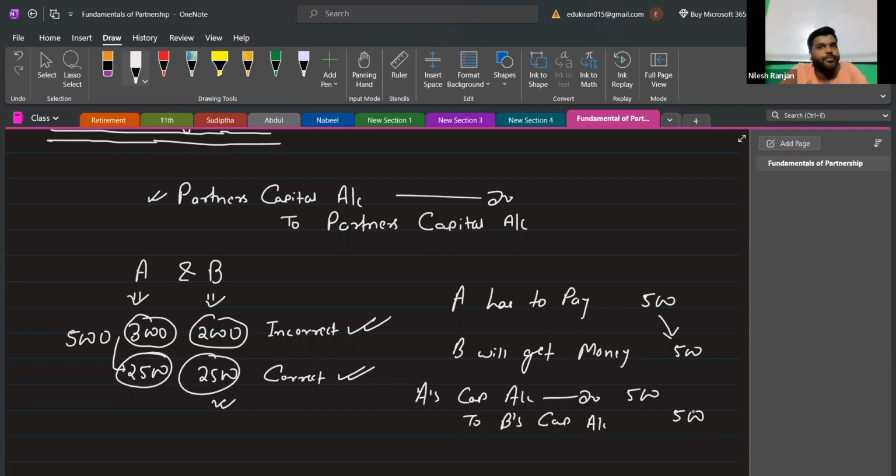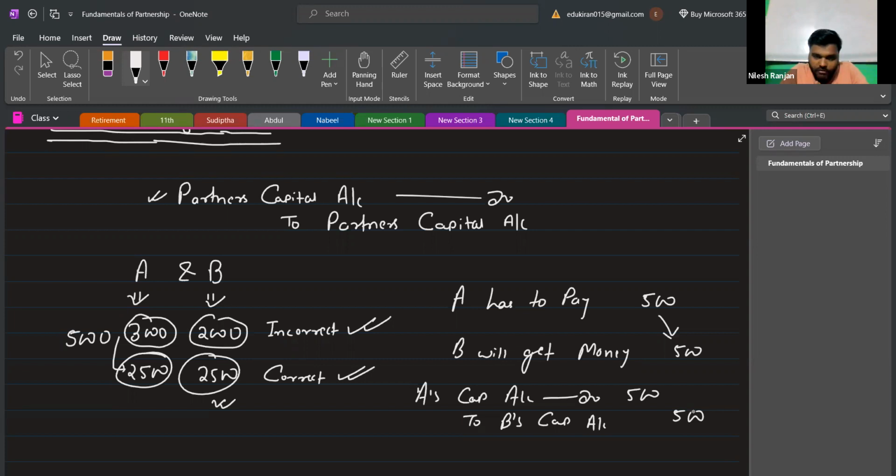The next point is the business should be legal. The partnership business can be carried on by all or any of them acting for all. There is unlimited liability. So these are the features. After that, you need to remember the provisions which are applicable in absence of partnership deed. The profit sharing ratio will be equal.